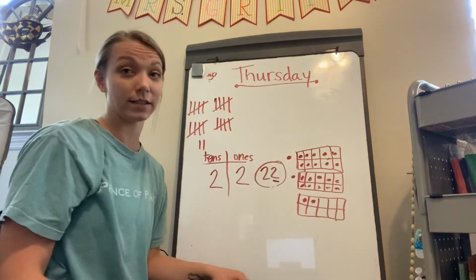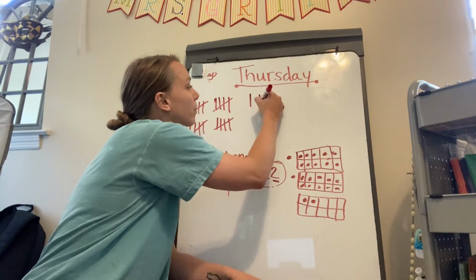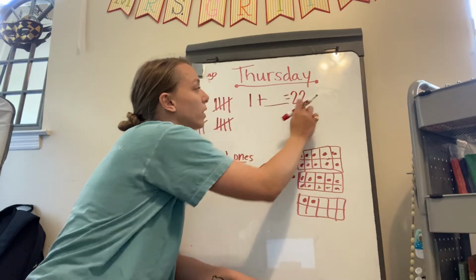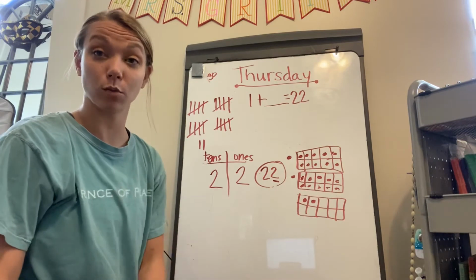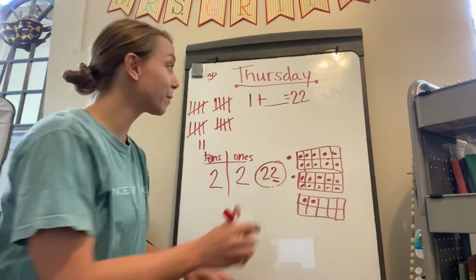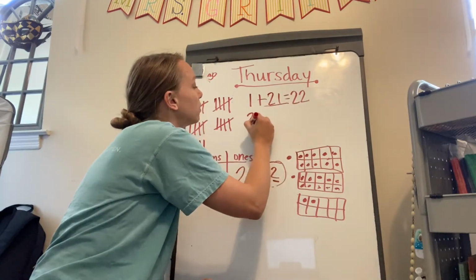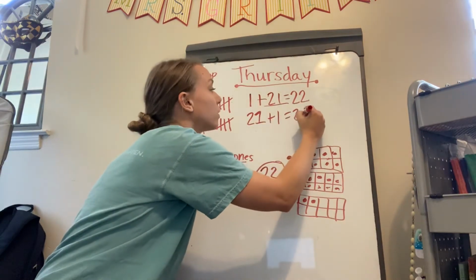I'm not going to write the 0s, but I will write the 1s because I think it's important that we practice counting backwards. 1 plus something equals 22. Well, what do I do if I take away 1 from 22? What comes right before it? 21, our number from yesterday. 1 plus 21 equals 22. 21 plus 1 equals 22.